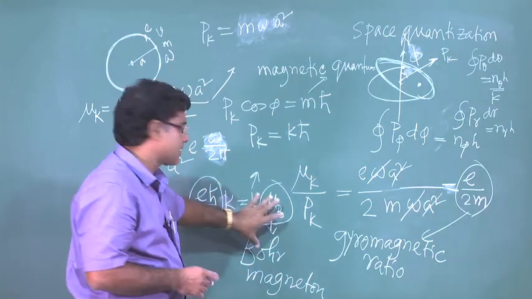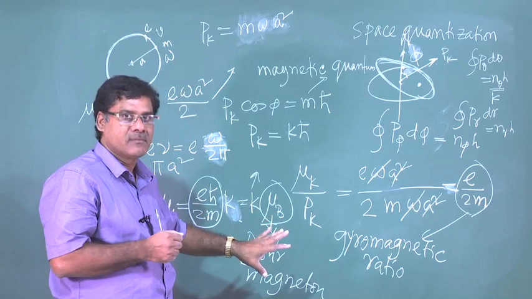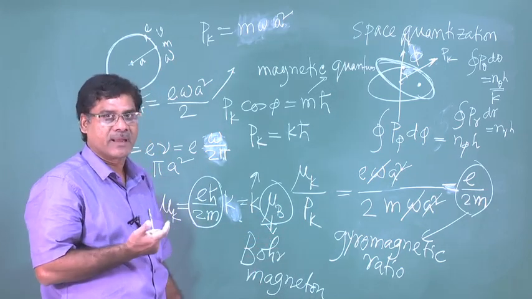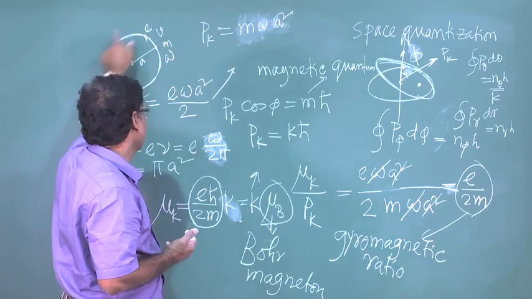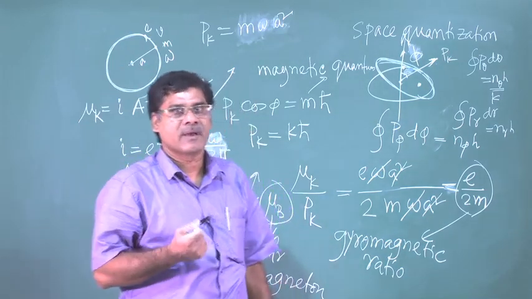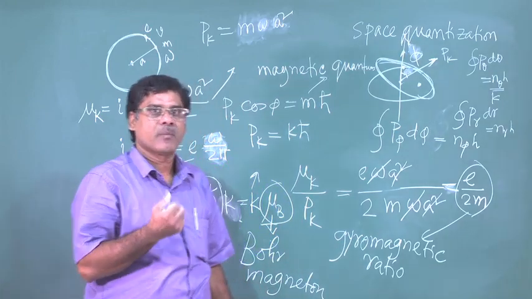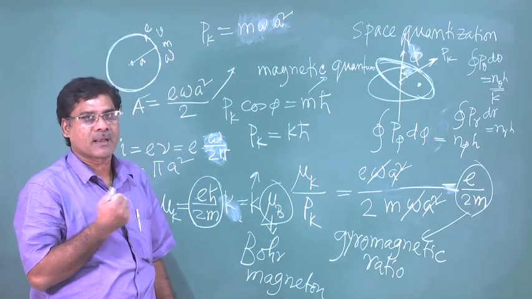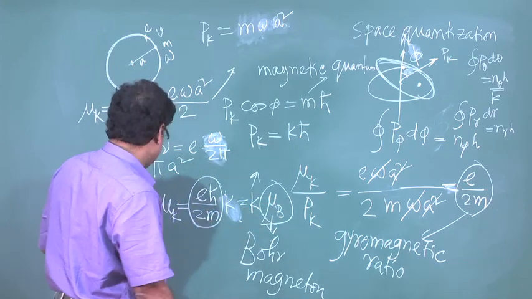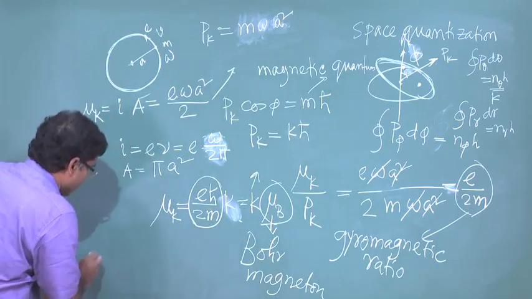That is fixed, and the electron in that orbit shows a magnetic moment because it is moving in the orbit. Whatever the magnitude of that magnetic moment, that is mu B.